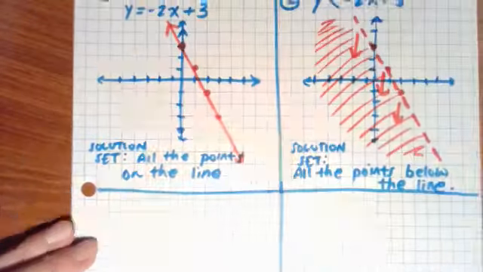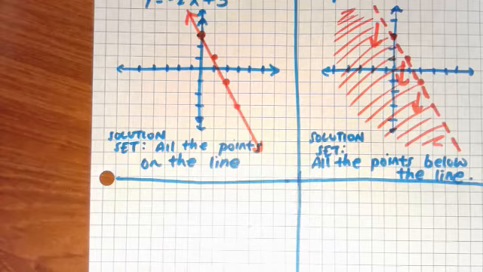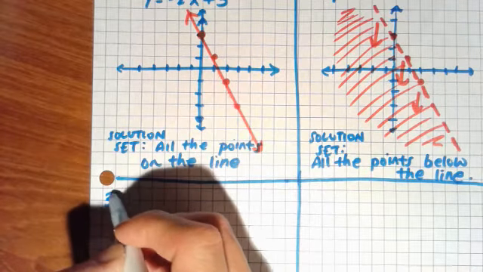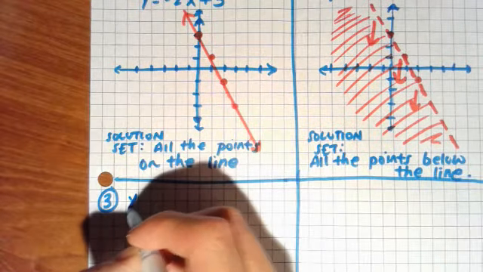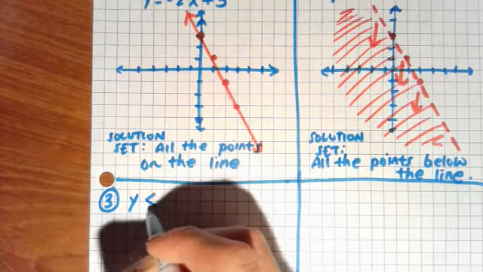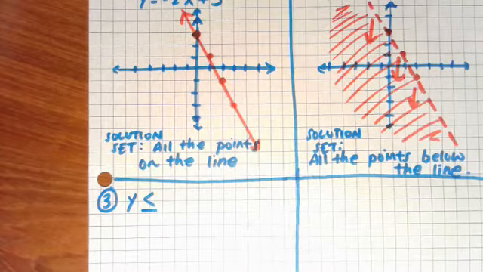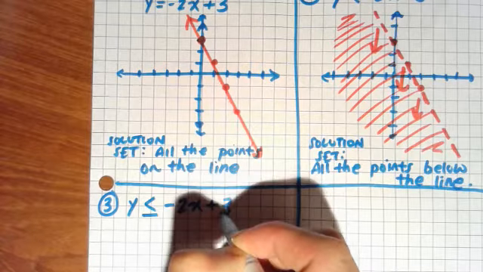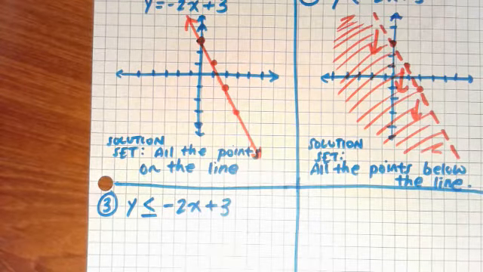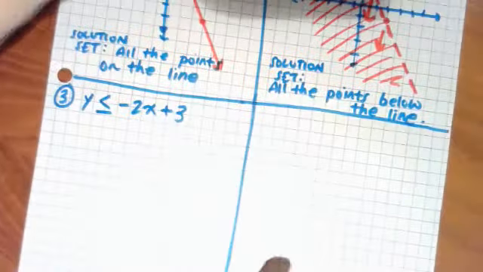Let's do another example. In this example, this is number 3. We're going to do y is less than or equal to negative 2x plus 3. Let's graph it out.